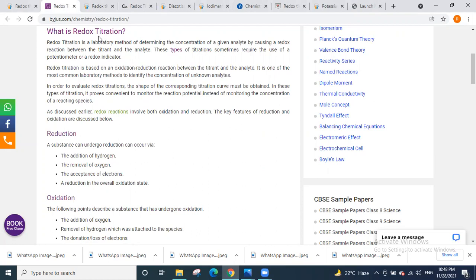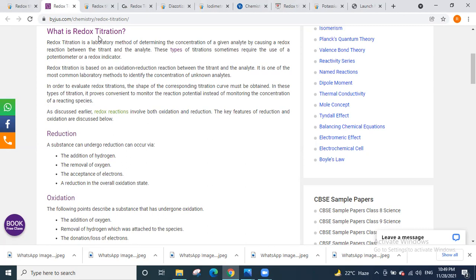So we perform this redox titration when our analyte is either an oxidizing agent or a reducing agent, or has an ability to oxidize or reduce. So we can find out the unknown concentration of our analyte, that is either an oxidizing agent or a reducing agent, with the help of this redox titration.